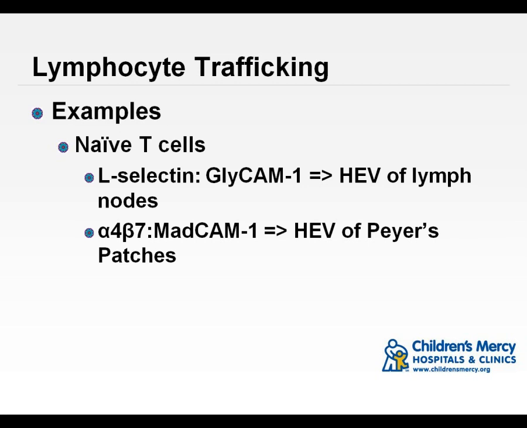So lymphocytes respond to chemokine signals, but they can also respond to specialized selectins. We talked about this a little bit before. Selectins and integrins are a way to adhere a cell to a place where you want it to slow down and stop and be able to squeeze out of the blood vessel.